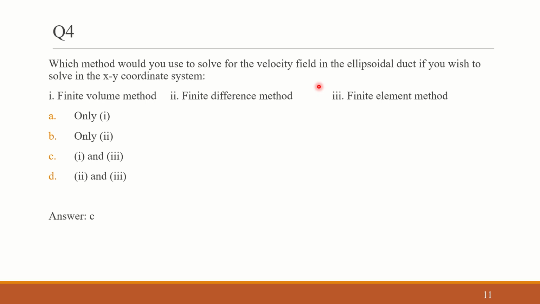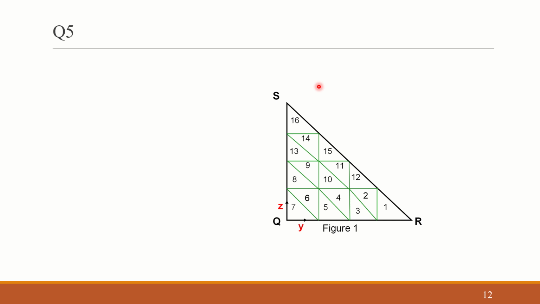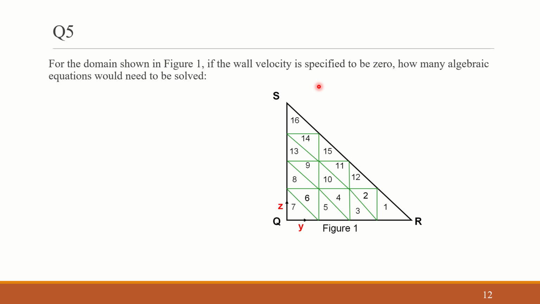Now we'll go to question 5, the last of the practice problems, and from next on we'll see the sample problems. For the domain shown in figure 1, if wall velocity is specified to be 0, how many equations would need to be solved?